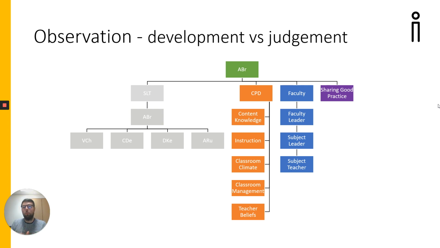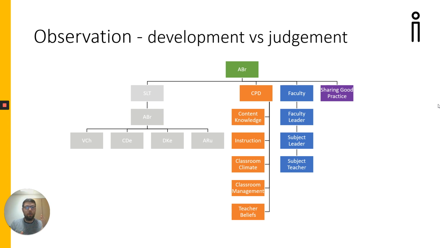And so when I'm doing my observations of science, before I do that, I talk with the faculty leader of science, because I don't want to just go in there. I really want it to be effective for the teachers and effective for myself. And so we often talk about, well, this is what we're going to focus on this term or this half term, and this is when I'm going to come. We don't want it to be anything that teachers panic about. We want it to be developmental.